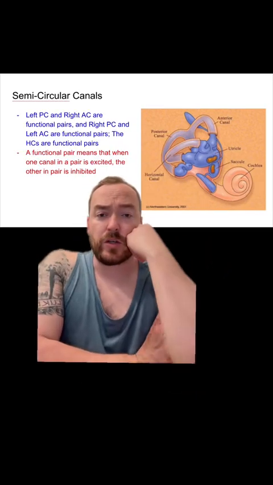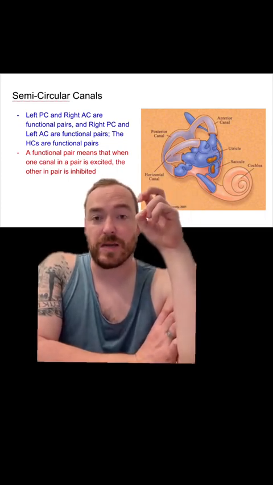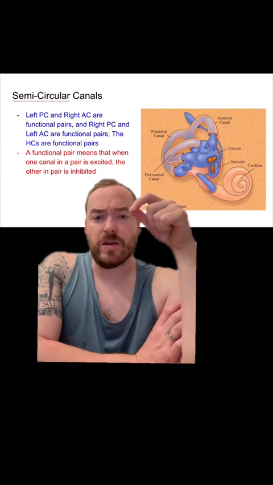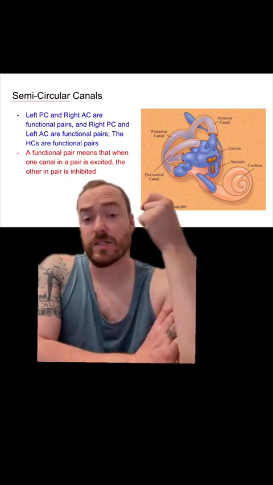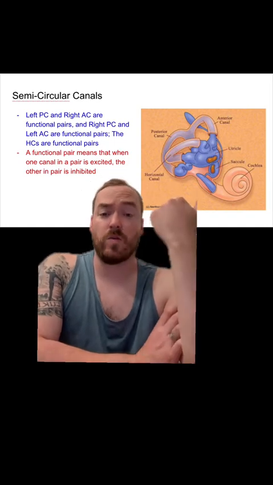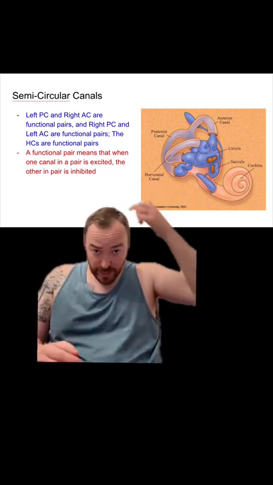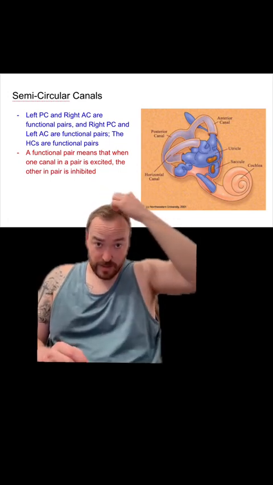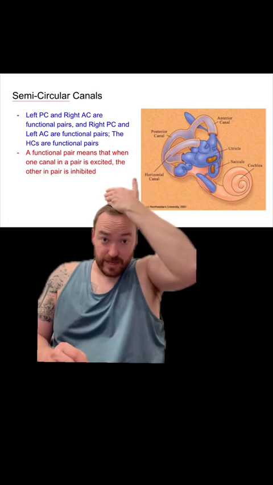Each of these semicircular canals has a partner that makes it a functional pair. And essentially what a functional pair is: when one canal in the pair is excited or receives an excitatory response, the other one is inhibited. And so if you took my head and you drew an X, that would essentially split up the planes.